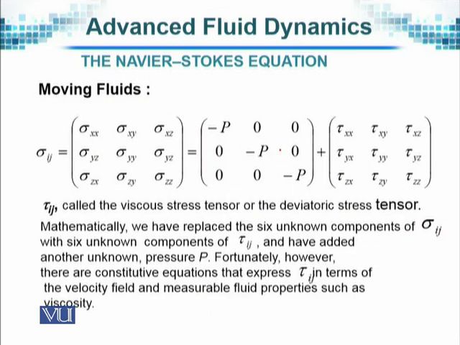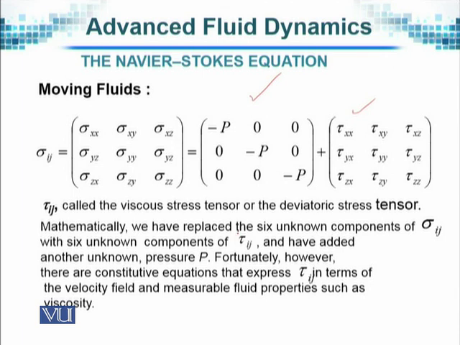So in general, the stress forces can be written, all their 9 components, as the pressure forces, the 3 components of pressure forces when it is at rest, and the strain forces or stress tensor, that is, if the fluid is moving, then the other forces can be written in the form tau xx, tau xy, tau xz, and so on.